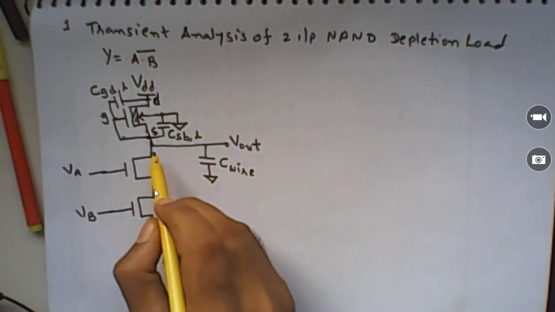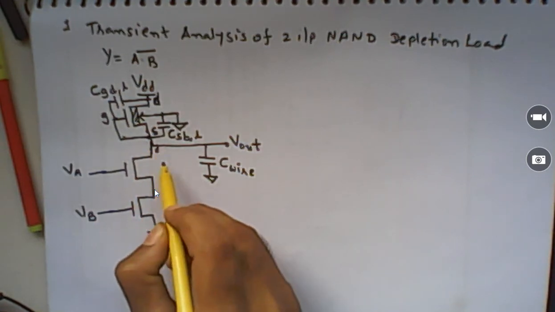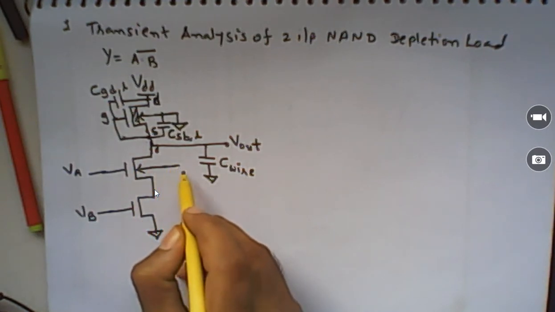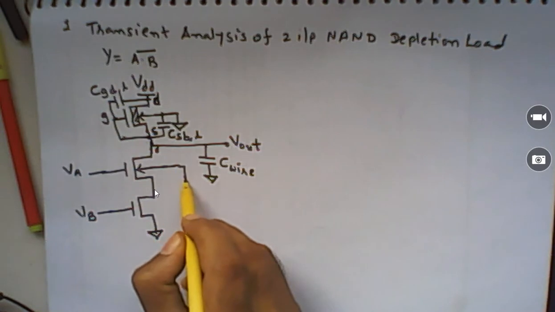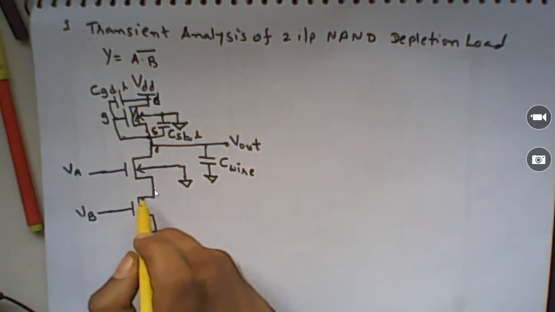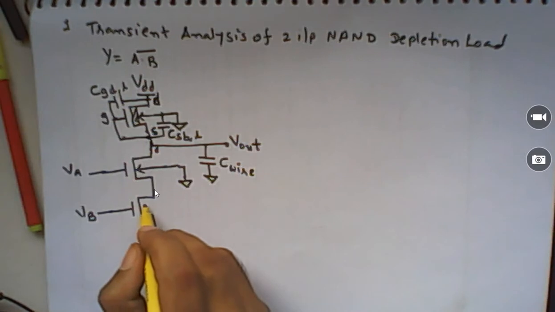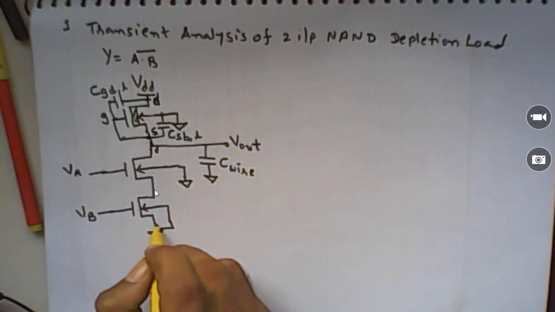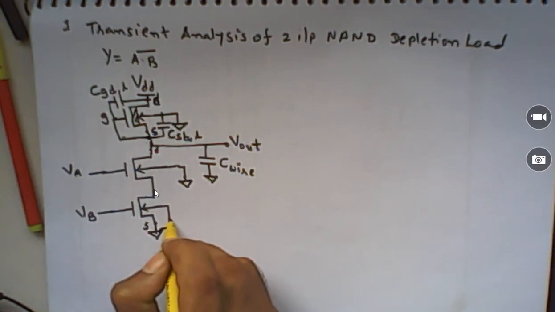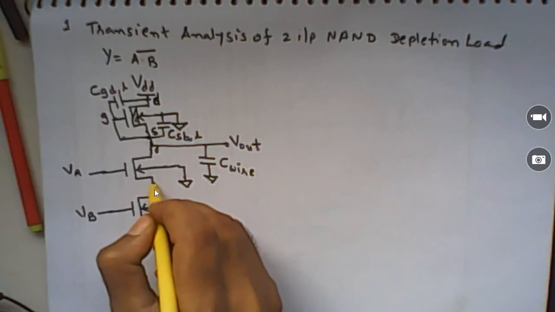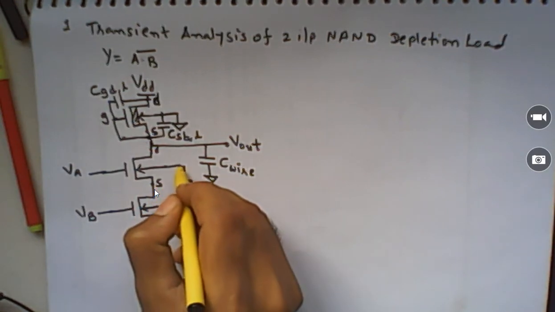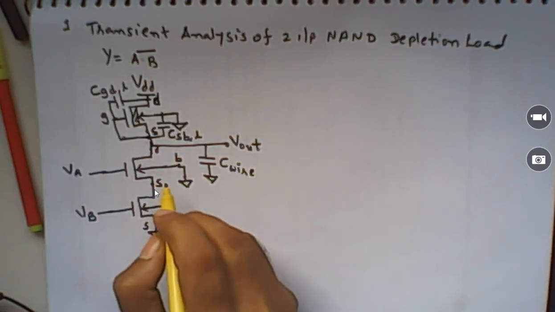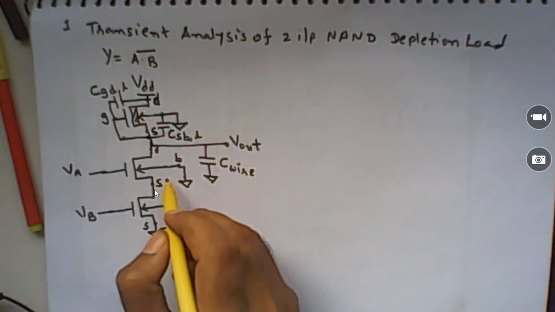This is the drain terminal of the driver MOSFET, and the source terminal is grounded, so MOSFET A has the substrate bias effect. MOSFET B does not have the substrate bias effect because the source and bulk of MOSFET B are at the same potential, but the source of MOSFET A and its bulk have different potentials, so it has the substrate bias effect.